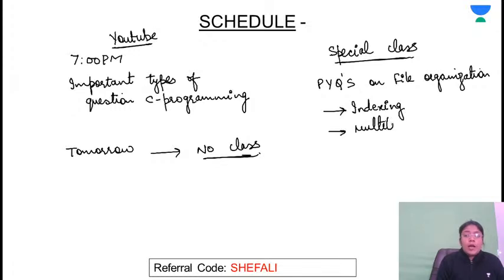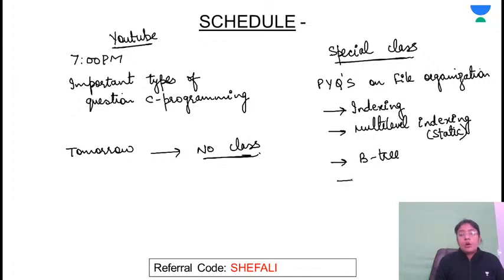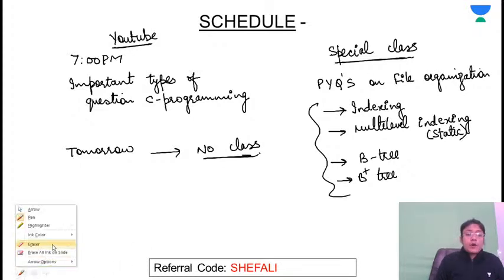Whatever topics we finished in yesterday's and today's sessions, I'll be taking questions from all of these. Multi-level indexing, that was static, and then the questions asked on the basis of B tree or B plus tree. So I'll be taking the PYQs on these topics in today's special class, and the timing for today's special class is the same, that is 9 p.m.